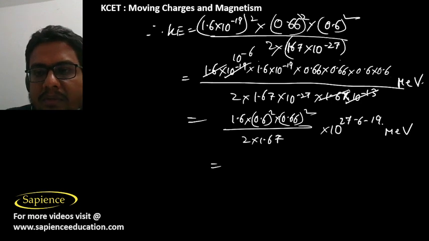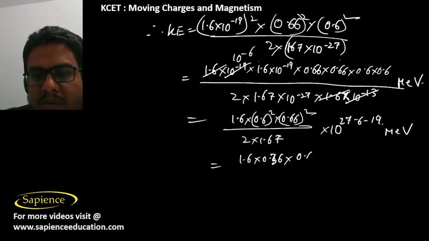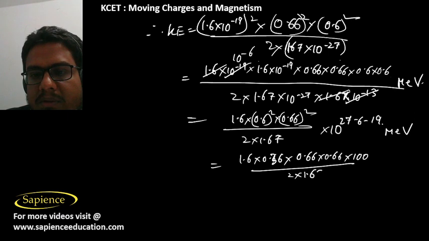So this will be 10 power 2, this is 100. 1.6 into 0.36 into 0.6 into 0.6 into 100 divided by 2 into 1.67 mega electron volt. So 2 eights are 16.